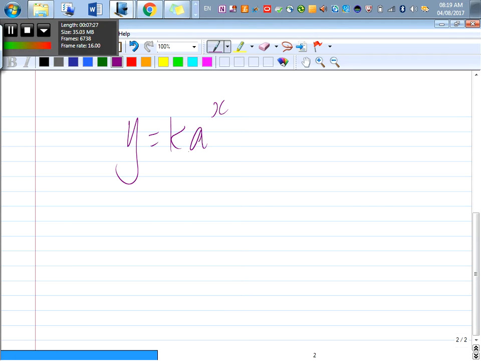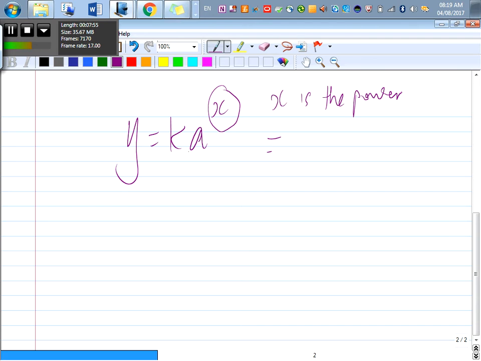You don't even see any numbers. But what I want you to take note is that this x over here is now a power. X is the power. In the previous chapters, your x was the base. Then we changed the power. The powers we have learned: -2, -1, 0, 1, 2, 3. Now this time x is the power.